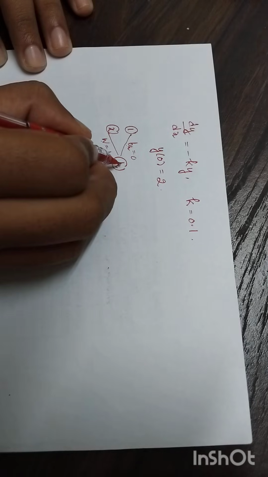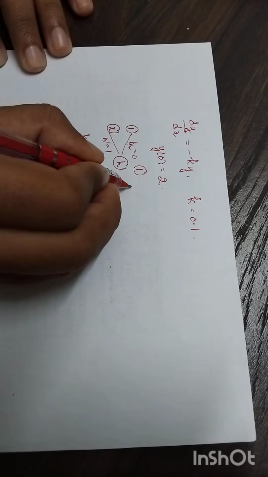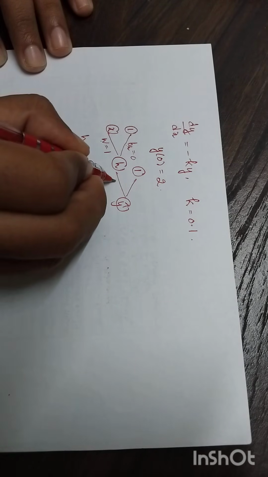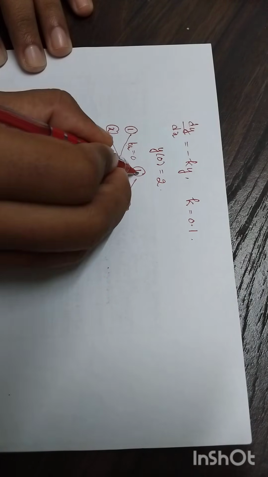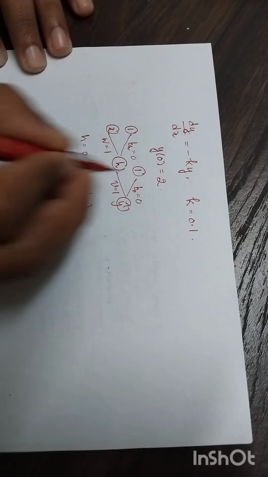Then this hidden layer is passed to the output layer. There again we take a bias. The output layer node is y cap, and here the weight is v, which is again 1, and the bias value is b naught, which is equal to 0.